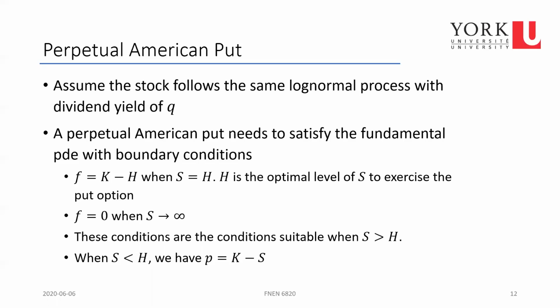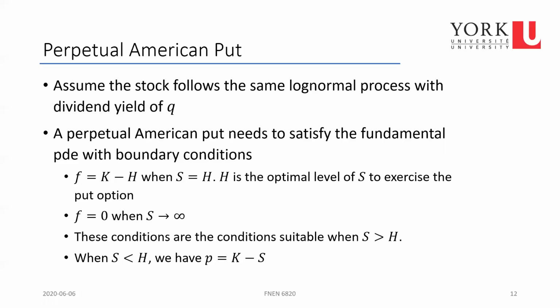Now, even for an American call, it's only the case that if the underlying stock does not pay dividends, we should wait forever. It is never optimal to exercise it. If we have an underlying stock that does pay dividends, even for an American call, as soon as the stock price goes across that optimal level and is higher than it, we should exercise as well.